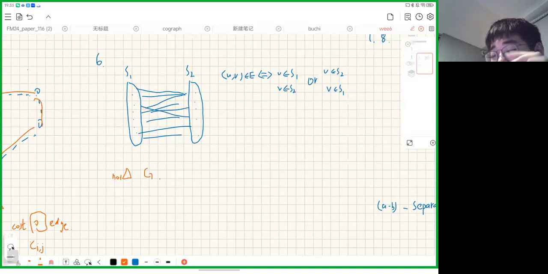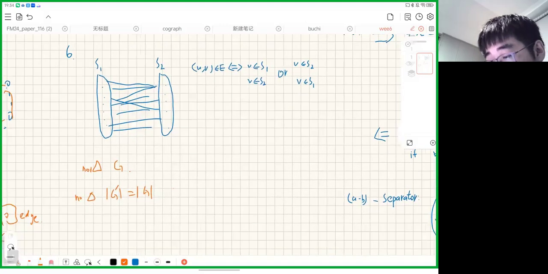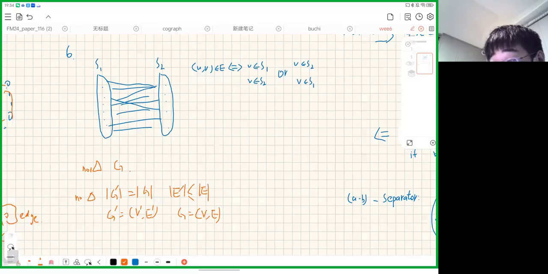So for all other graphs G prime with no triangle, E prime is smaller than or equal to E, where G prime is (V prime, E prime) and G is (V, E). Okay, so let's suppose this, and then I have two claims I want to show you.